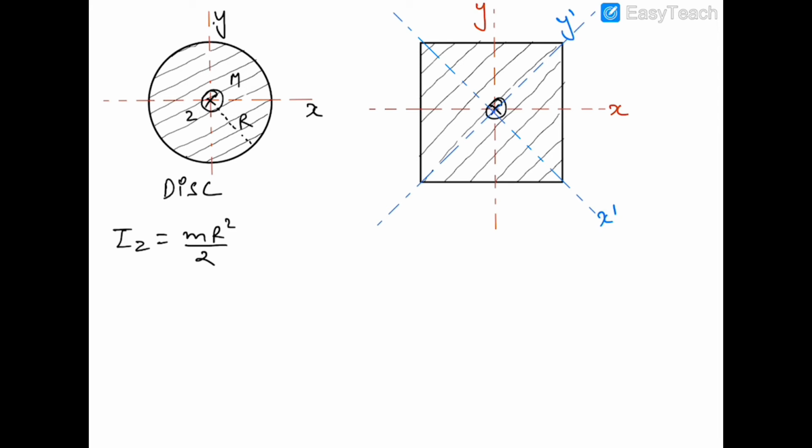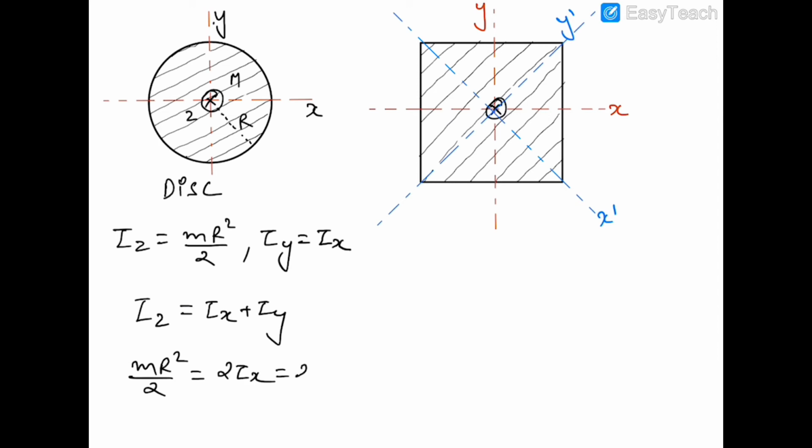So I can say by symmetry Iy will be equal to Ix. Okay, so Iz is equal to Ix plus Iy, and therefore Iz is mr square by 2, and that is equal to 2Ix or 2Iy. So Ix is equal to mr square by 4, and that is also equal to Iy.